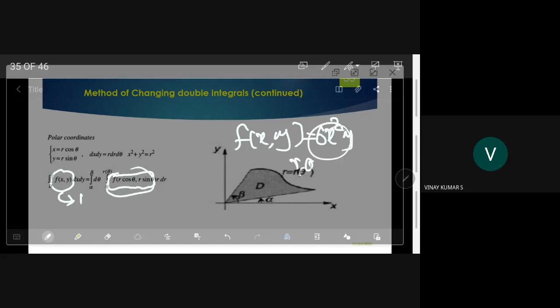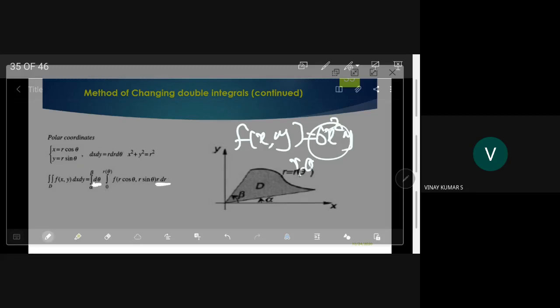Then r dr d theta will be common. That is what we are getting here. So the meaning of this slide is that I wrote r dr d theta. R dr is here, d theta is here.